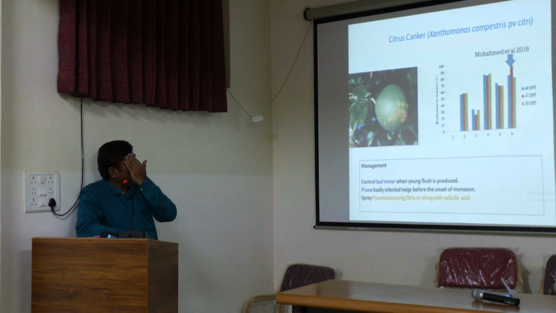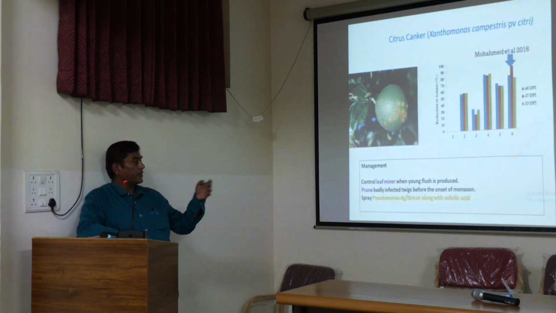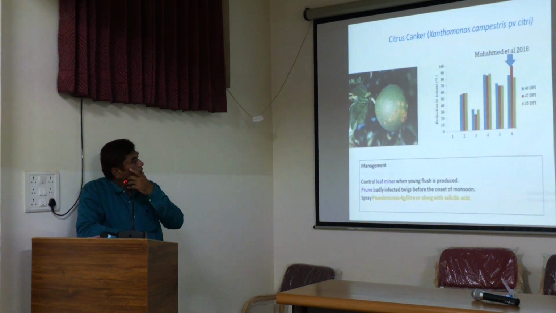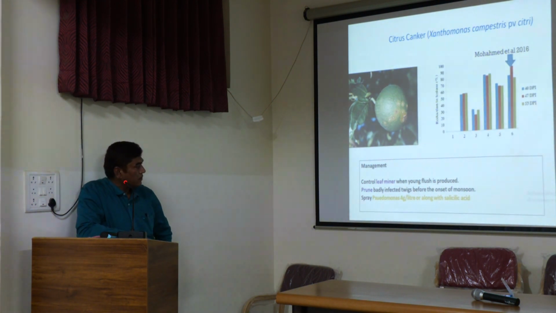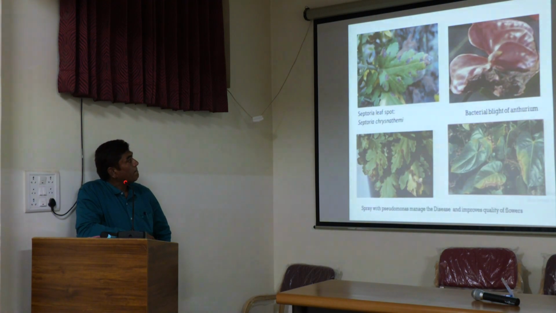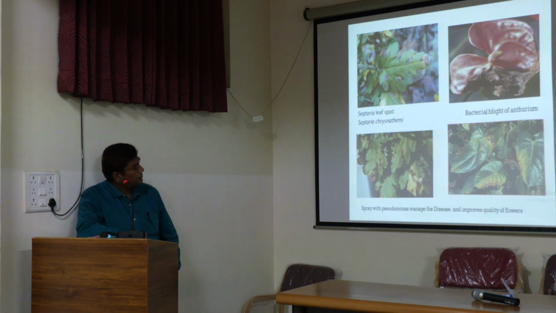In case of citrus canker, use of Pseudomonas fluorescens at the rate of 4 gram per liter reduces the citrus canker lesions. In flowering plants, chrysanthemum septoria leaf spot and bacterial blight of anthurium, with use of Pseudomonas we can control both septoria leaf spot and bacterial blight in anthurium.